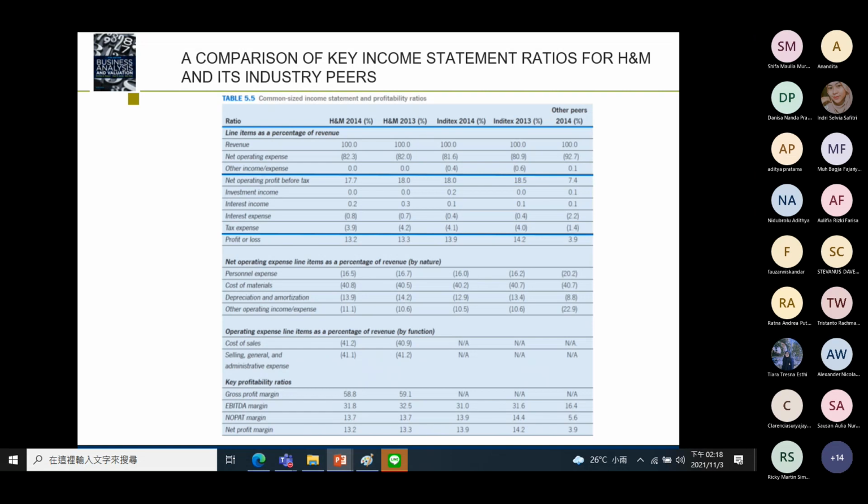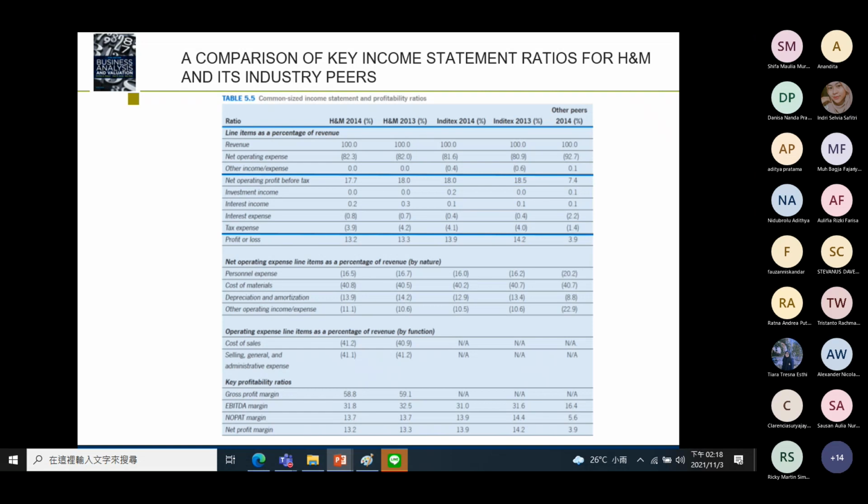Because a proportion of long-term investment in IT does not have immediate benefits, but is nonetheless immediately expensed in the income statement, it puts pressure on H&M's near-term margins.